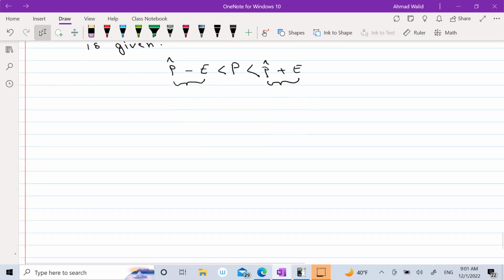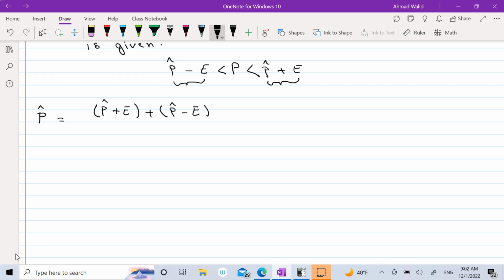Let's create two formulas for this. I'll do some math here. This side we call the upper limit, which is p hat plus e, and I'll add it to the lower limit, which is p hat minus e, correct? I'm looking to find the value of p hat.